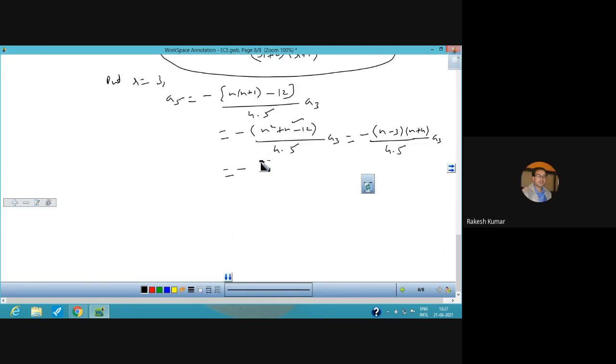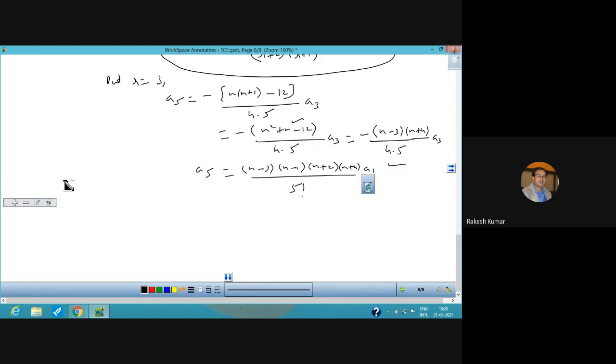So a3 can be substituted, and a minus sign will be adjusted over here, and you will have the coefficient now n minus 3, n minus 1, n plus 2, n plus 4, divided by 5 factorial into a1. This will be your coefficient a5.